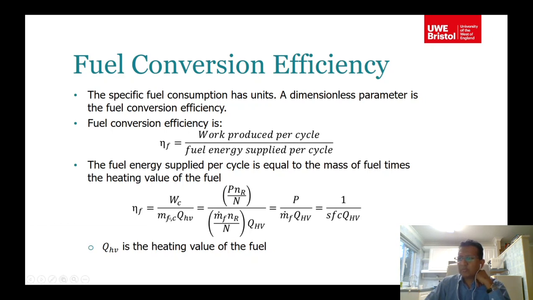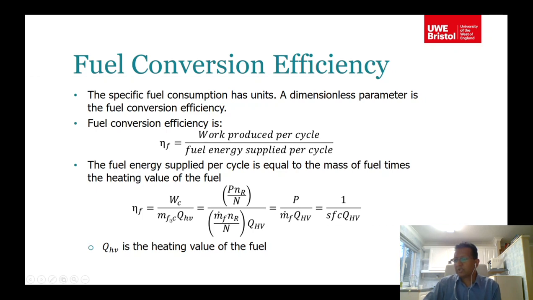If you multiply mF times QHV, you will get the heating that you have supplied. Here HV is the heating value; you need to use the lower heating value, the lower calorific value, LHV actually.